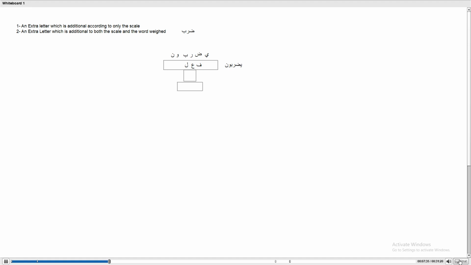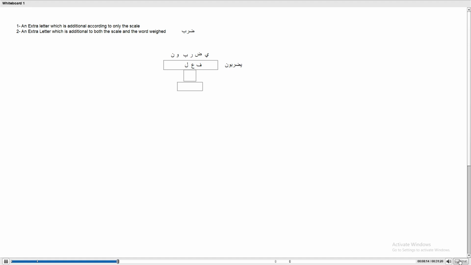How do you know? That is disputable. One might say, maybe it is the fa. How do you know it's not from the root letters? Let's say you are teaching someone who does not know at all. From looking at the word, how do you know that the ya is extra?